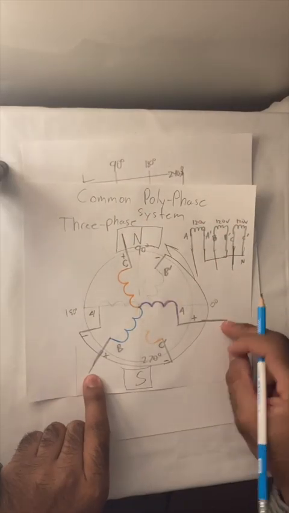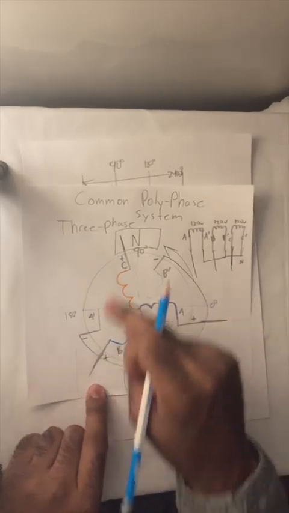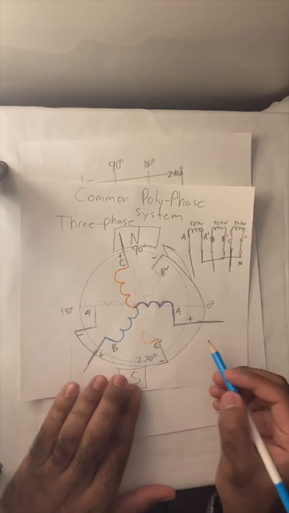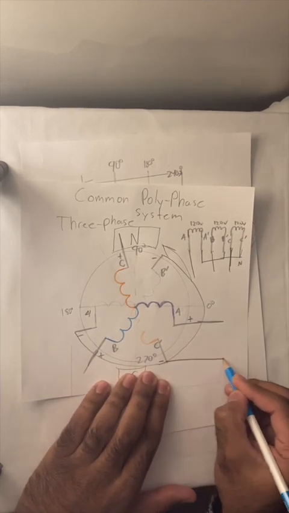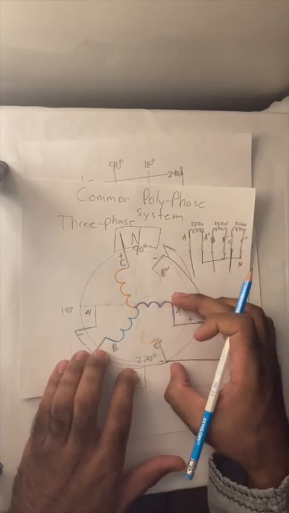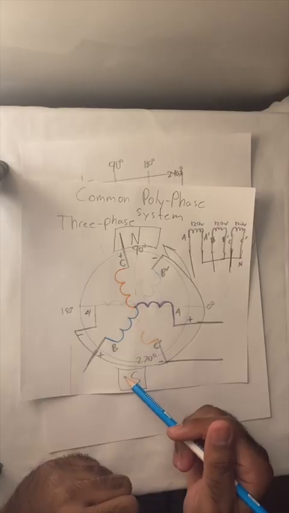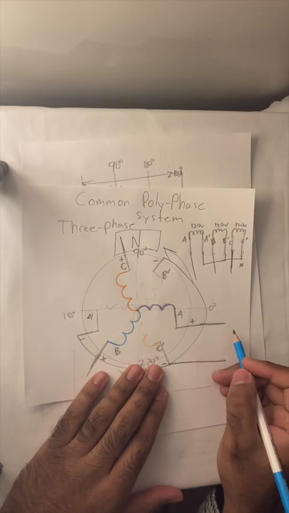So therefore, extending from the generator, we would have A, B, and C. And then if we desired, and usually it is, there is a neutral which can extend from the common junction that is common amongst all of the phases. In that case, the system would be considered interconnected.